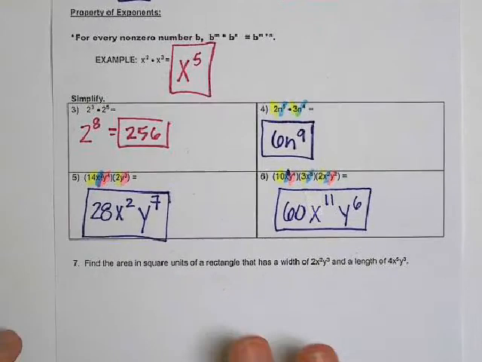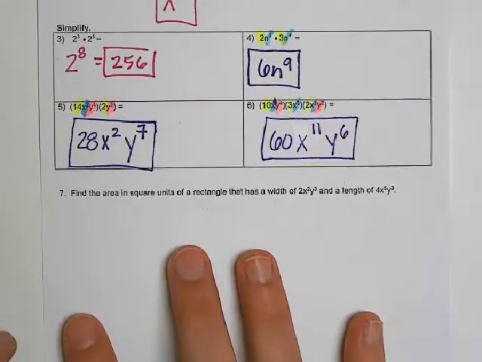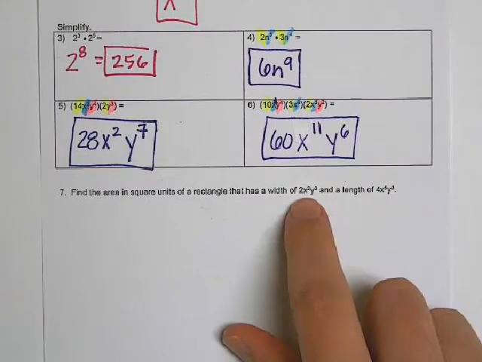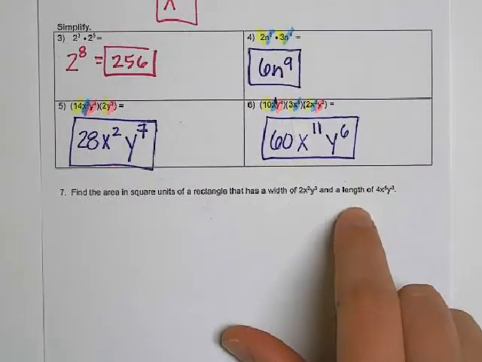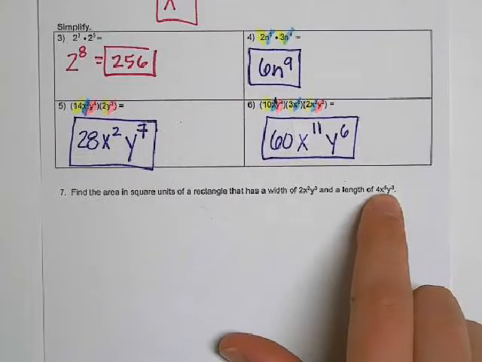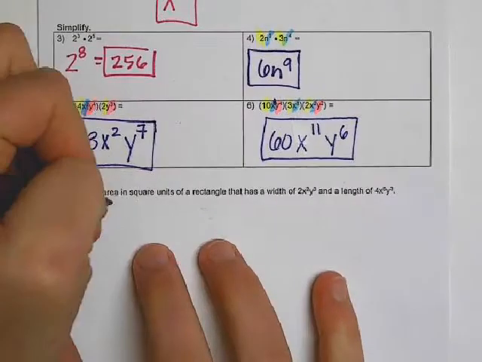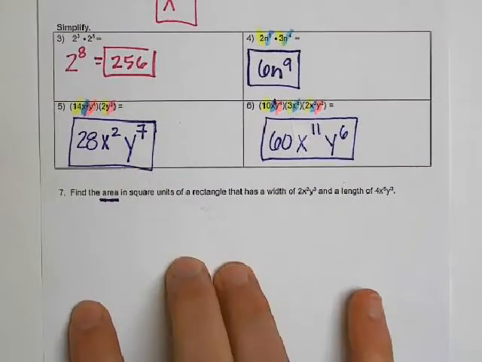Okay, number 7. Find the area in square units of a rectangle that has a width of 2x squared times y cubed and a length of 4x to the 5th times y cubed. All right, so what do I do here? Find the what? Area of a what?